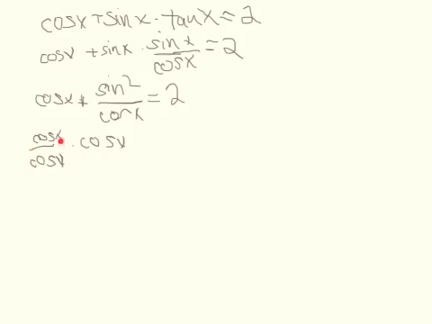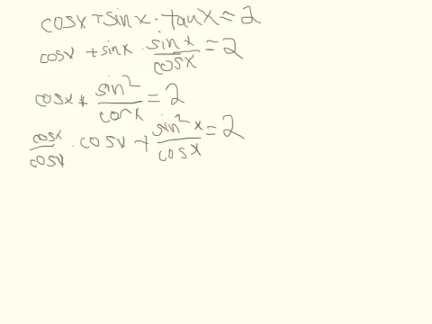Just because we have a 1 here, we don't need to do it to everything. It's just multiplying by 1. We're just making cosine x look different. And then we still have plus sine squared x over cosine x equals 2.